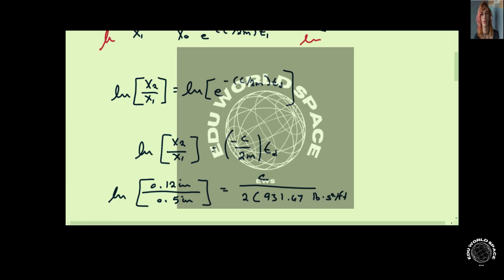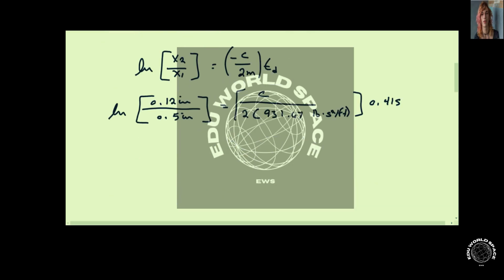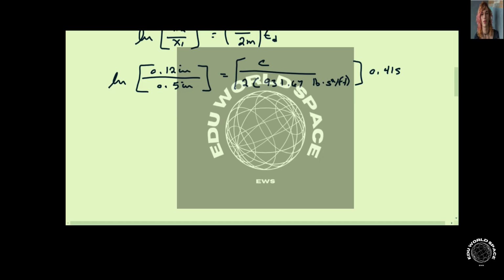So make sure you don't get your pounds mixed up with a 1. That's kind of more common than you think. Times 0.41 seconds. Okay? And we're going to keep going down. We want c by itself.